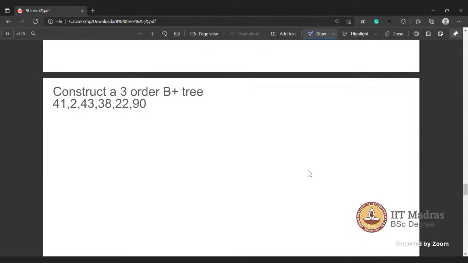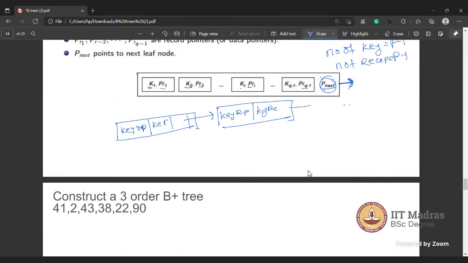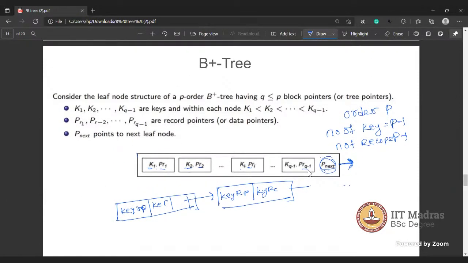Before going to an example, what advantage does the B plus tree offer in comparison to the B tree, like in the case of searching and sorting?